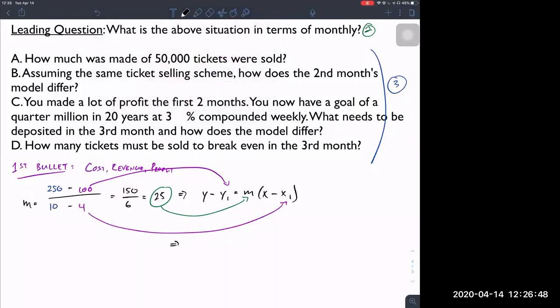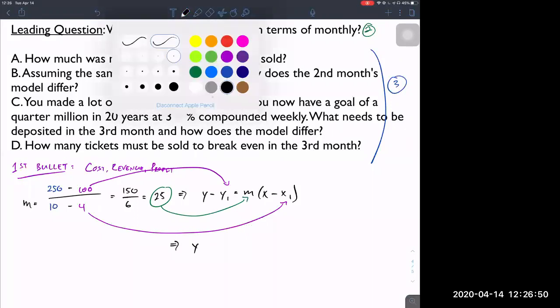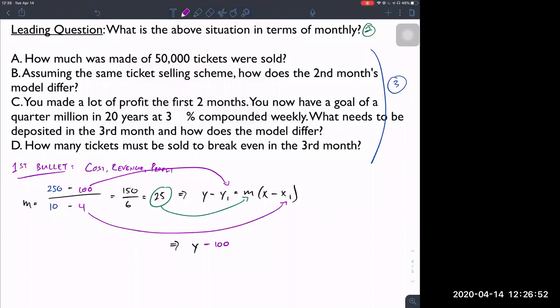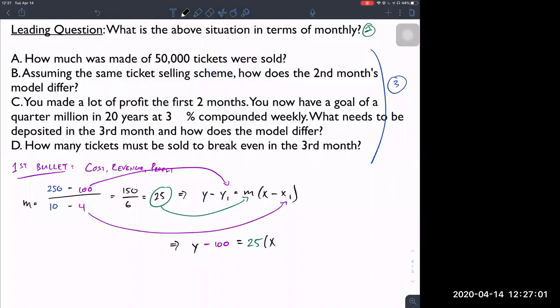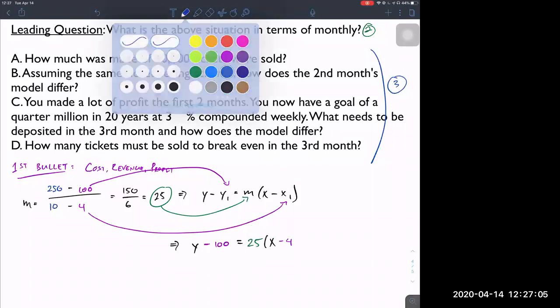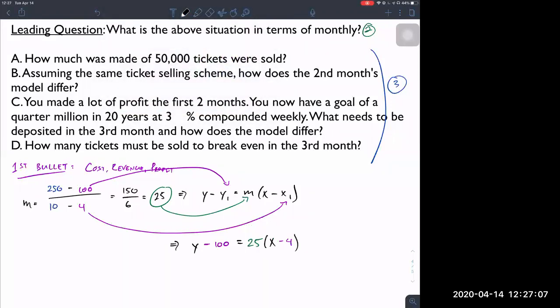So this implies y minus 100 equals 25 times x minus 4. And again, if you use the points 10 and 250, it will give you the same exact answer as long as you didn't make any mistakes, okay?